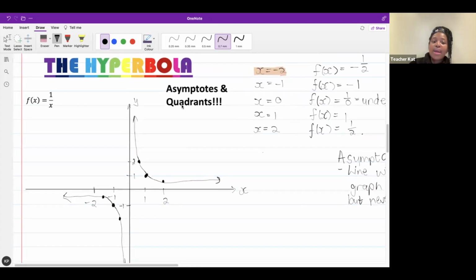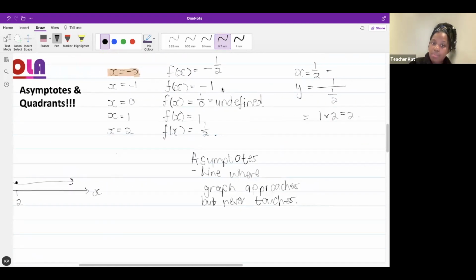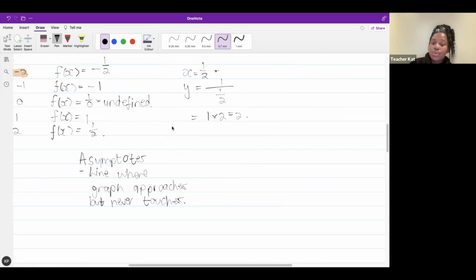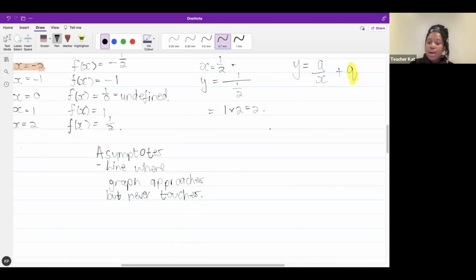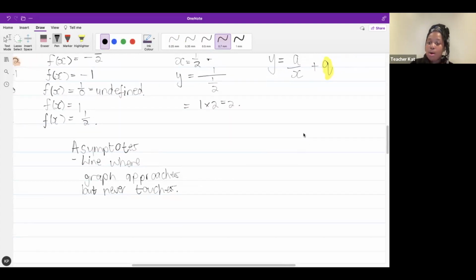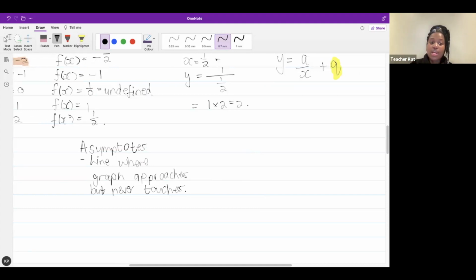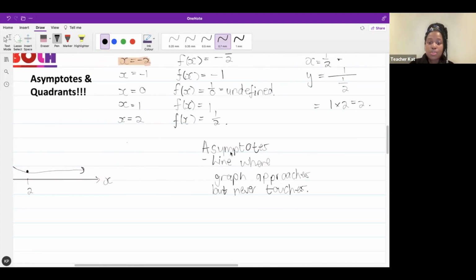Now, for an ordinary graph, I'm going to start using my general formula: y is equal to a over x plus q. For a graph where there is no q, your asymptote will be y is equal to 0. I'm not going to talk about the horizontal shifts yet. Right now, we're only speaking about vertical shifts, or up and down.